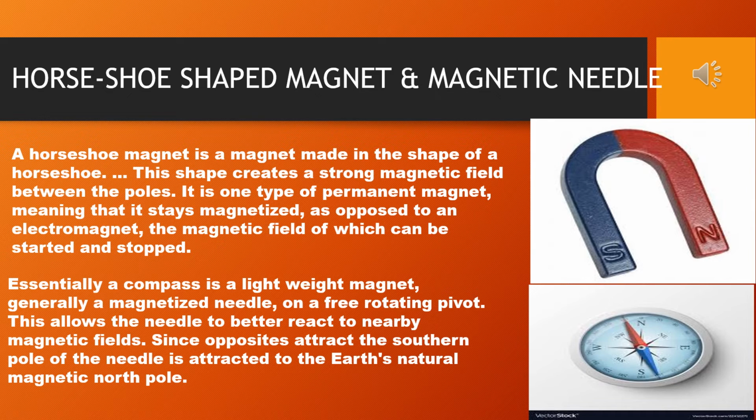Its midpoint is pivoted, that means it can rotate on a vertical stand in such a way that it can rotate freely in a horizontal plane. It is called magnetic needle. See the diagram. In the first diagram, I have shown a horseshoe-shaped magnet with two poles, north and south. In the second diagram, I have shown a compass. Within the compass, a needle-like structure is there that is actually a magnet, and that is called magnetic needle.